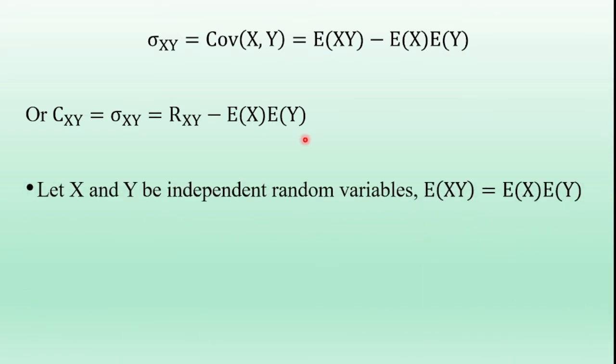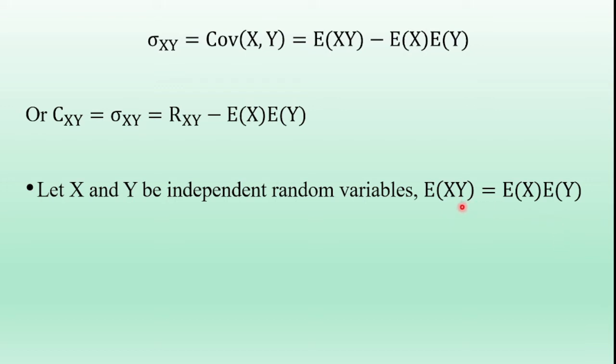Since capital X and capital Y are independent random variables, the condition for independent random variables is that the expectation of xy is equal to expectation of x into expectation of y. The expectation of a product of independent random variables is equal to the product of their individual expectations.